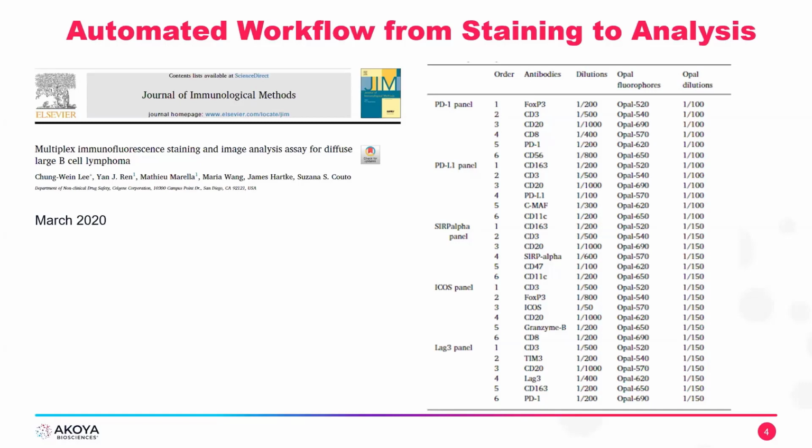On the right-hand side, you see that there were 5 6-plex panels used, and probably you are familiar with all the markers that are in there. Most of them are immune markers, and you see there's quite a diverse combination of these different markers here, and all of these markers were then used in a 7-color staining to visualize and to analyze.